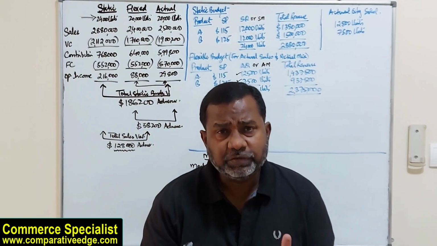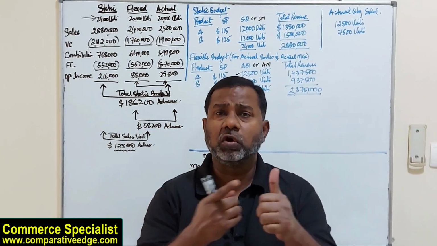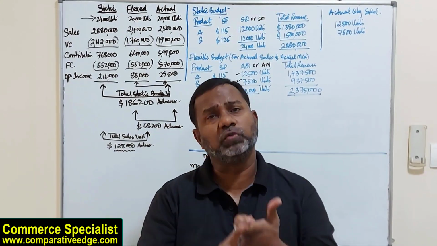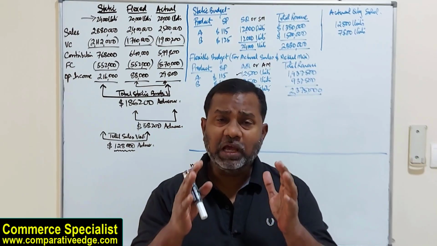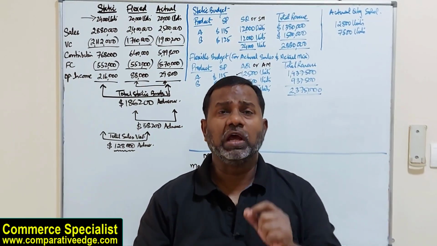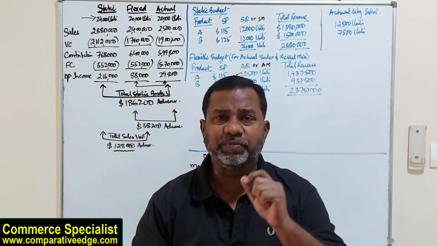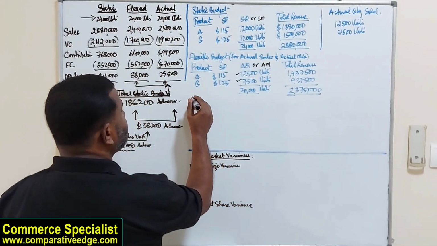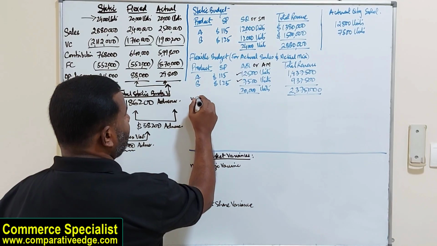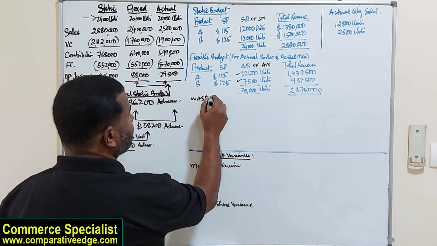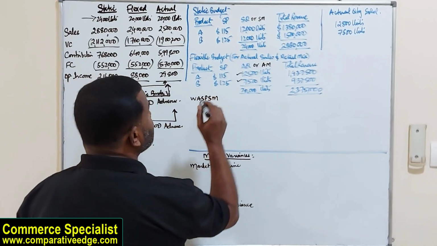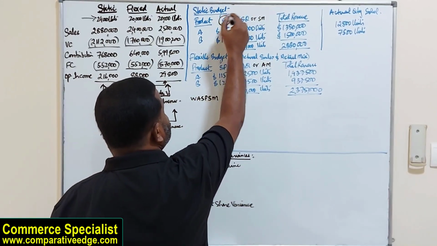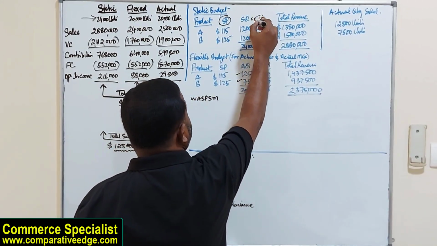Now for multiple products, we have two sales variances, sales quantity variance and sales mix variance. So before we calculate these two, we have to calculate something called VASPSM. VASPSM is weighted average standard price for standard mix. I'm writing here, weighted average standard price for standard mix. See, these are standard price and this is standard quantity or standard mix, right?